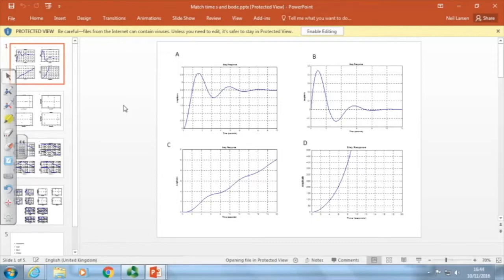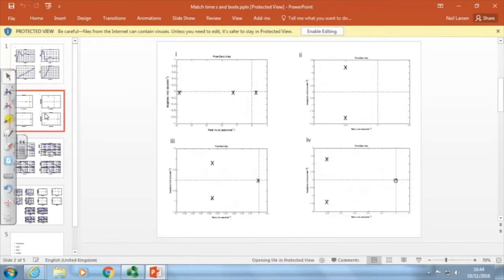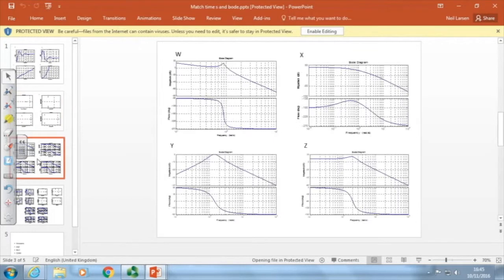And this is really quite hard to put all on the same screen, I'm afraid. But what I've got here is a set of 4 different time responses, a set of 4 different pole zero maps, and a set of 4 different frequency response plots.